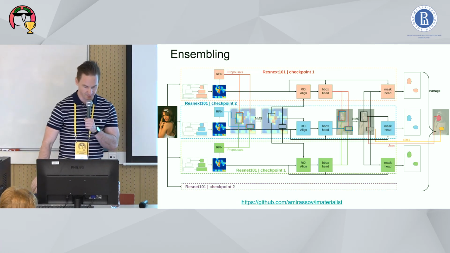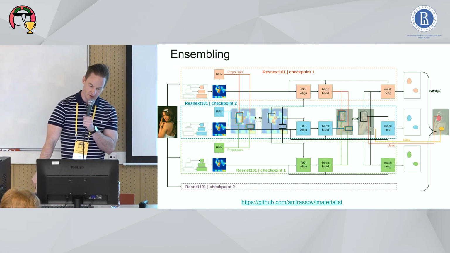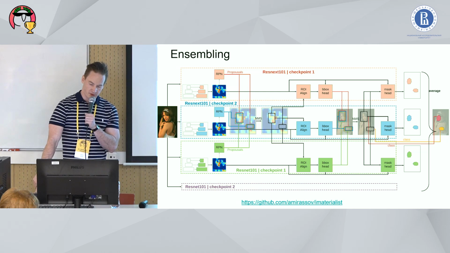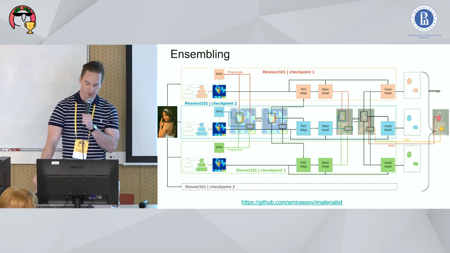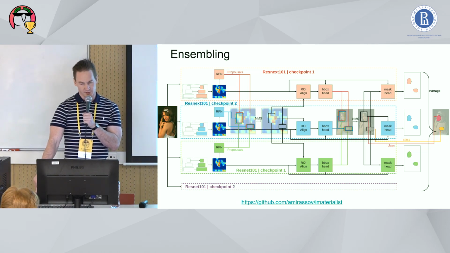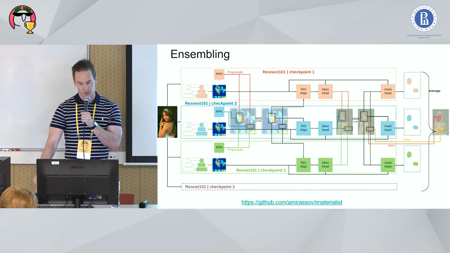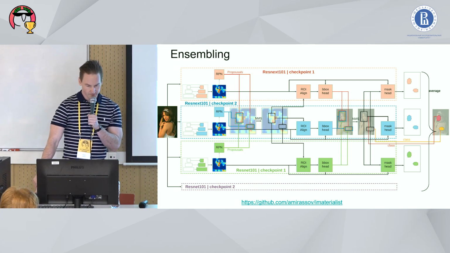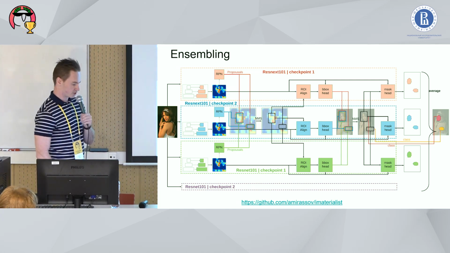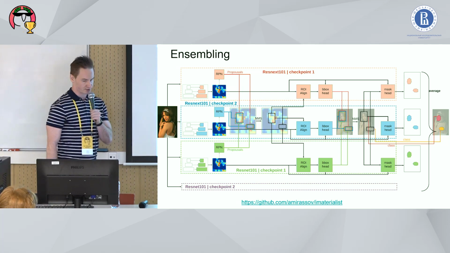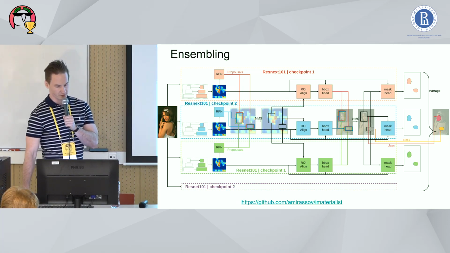And also, this is my ensemble technique. Actually, it's not mine. It was proposed by Miras Amir in the iMaterialist competition. In this approach, you take every augmentation or every checkpoint of your model as an independent model. At each step of the augmentation, you split your model into parts.